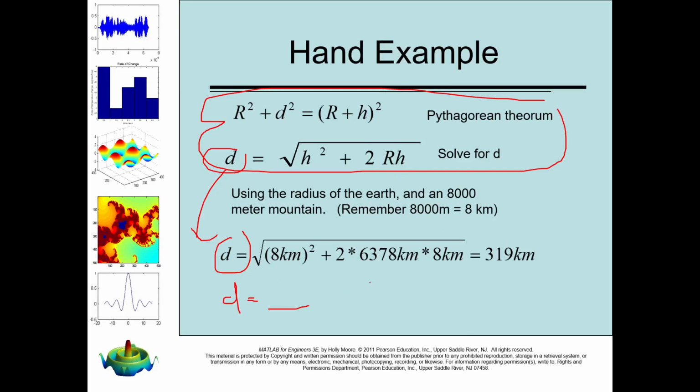Okay, you masukkan ni semua and then you dapatlah jawapan D dia adalah 3119 kilometer. Okay, inilah jarak yang you boleh melihat bila you berdiri di atas gunung yang setinggi 8 km.